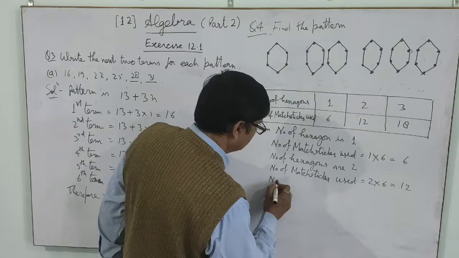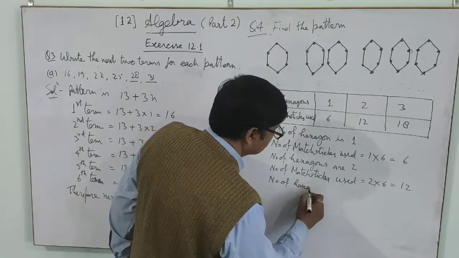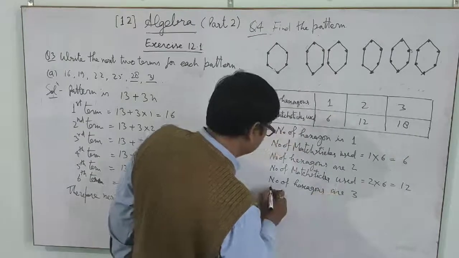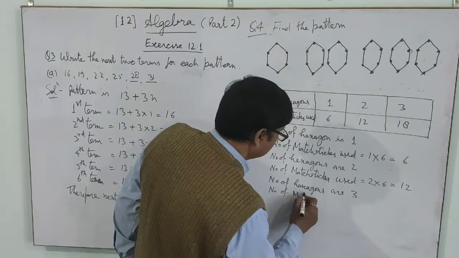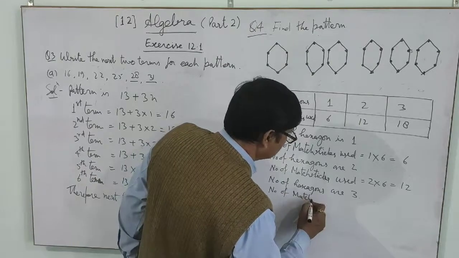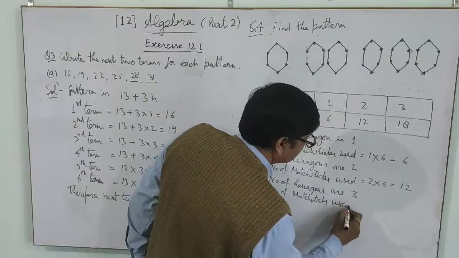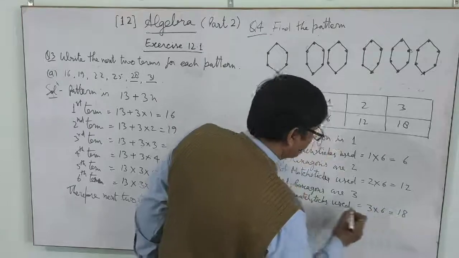When the number of hexagons is 3, the number of matchsticks used is equal to 3 into 6, 18.